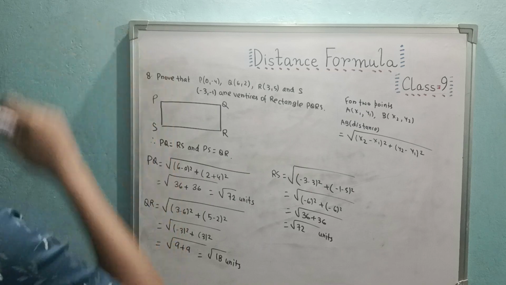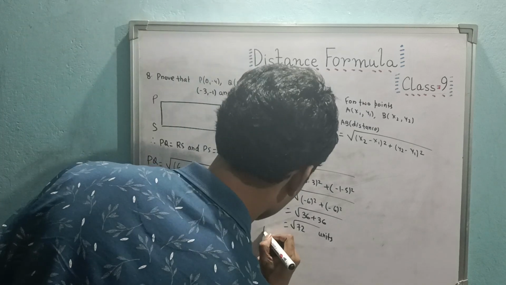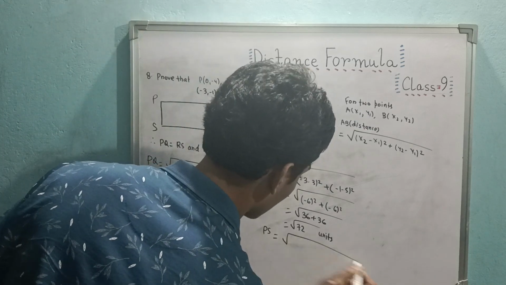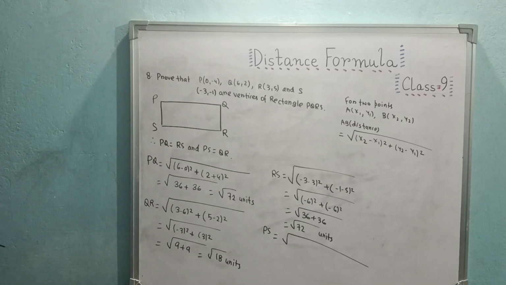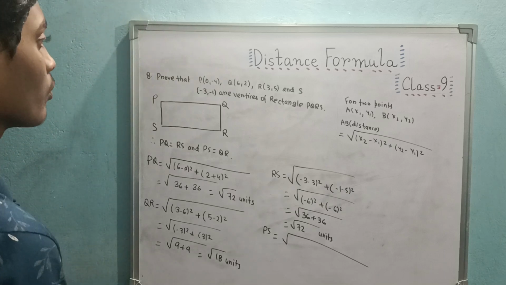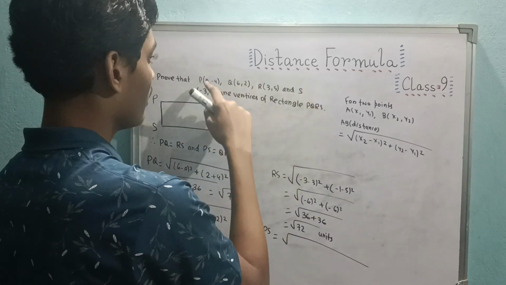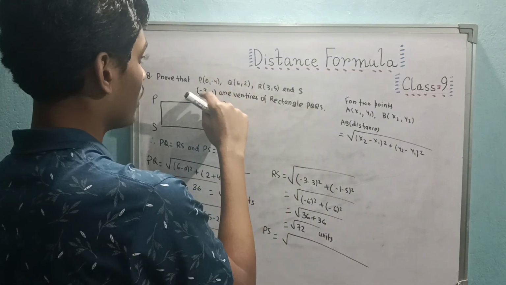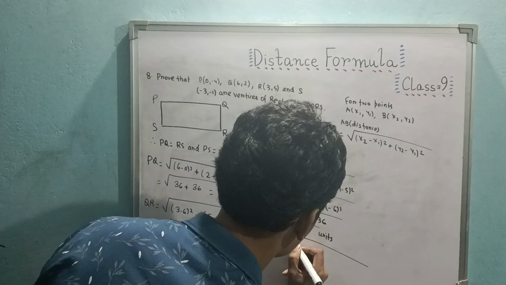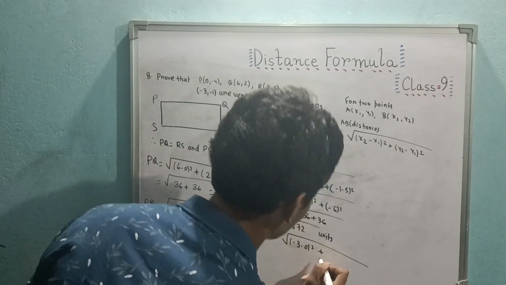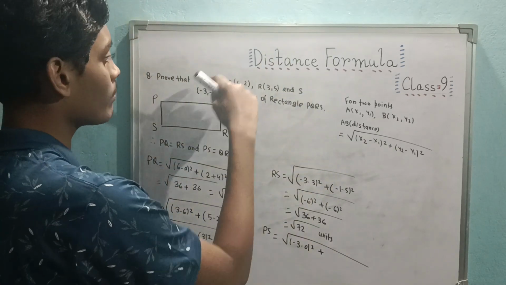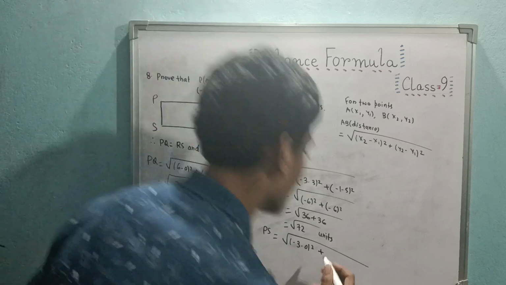Then PS. The distance between P and S, with x1, y1, x2, y2, is root of (x2 minus x1) whole square, minus 3 minus 0 whole square, plus (y2 minus y1), minus 1 minus minus 4, which is minus 1 plus 4, whole square.